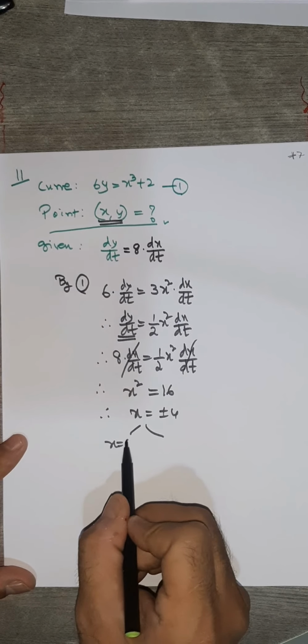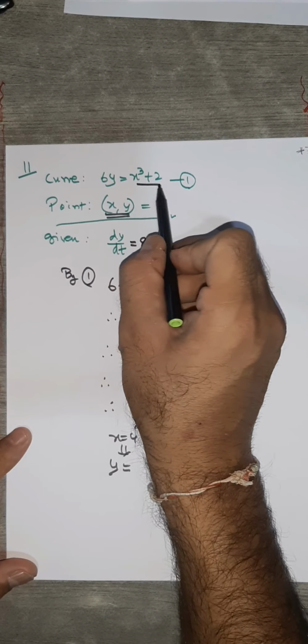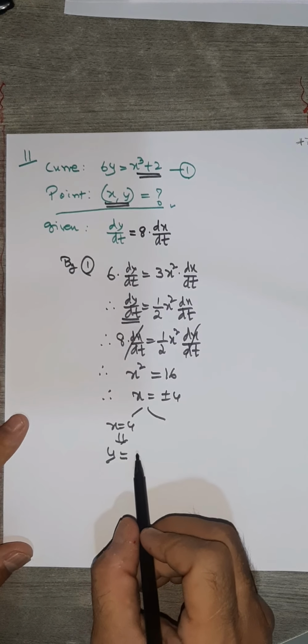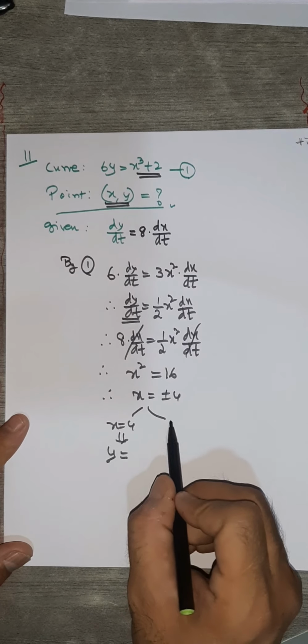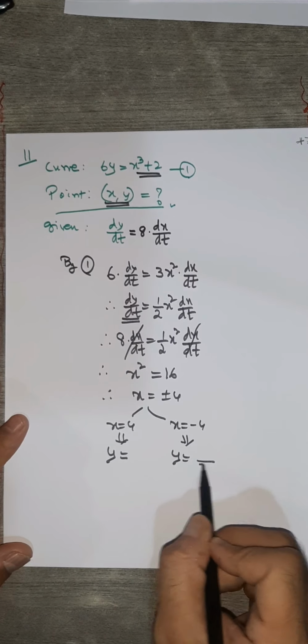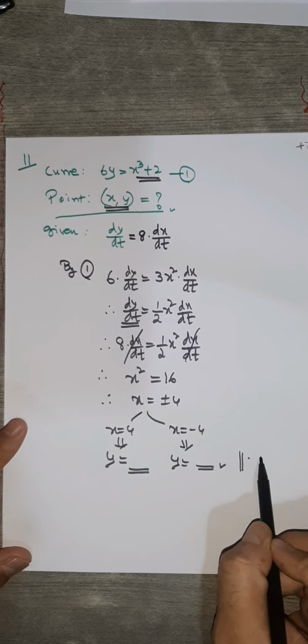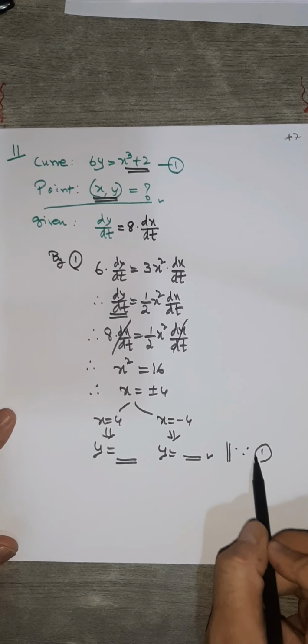So now if x is 4, you can get the y very easily. From where you will get y? From the equation of the curve. So get the y from there. If x is minus 4, get the y from the curve again. Values of y you can get from the equation number 1. I'll just write here, you can write by 1.